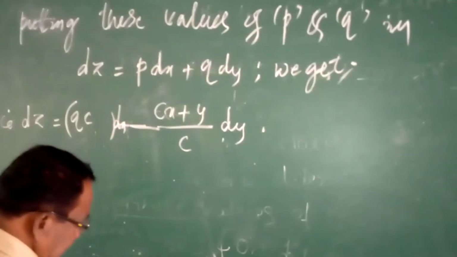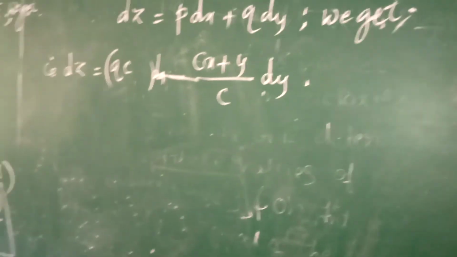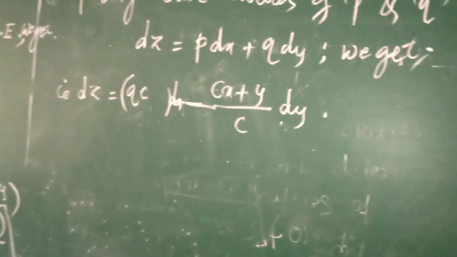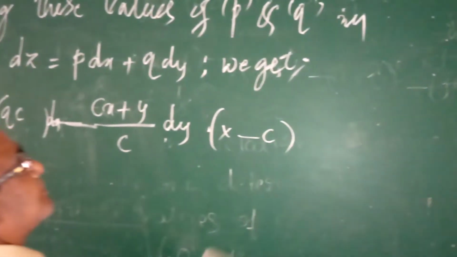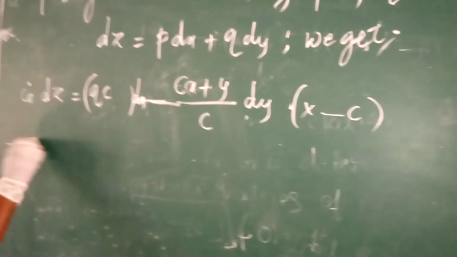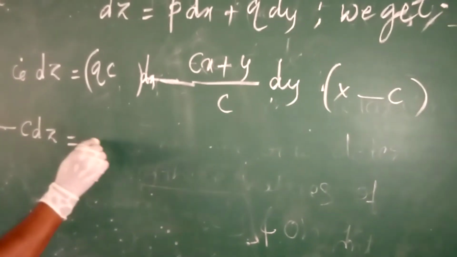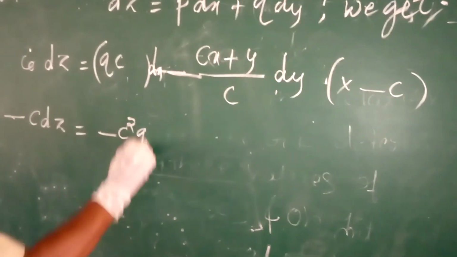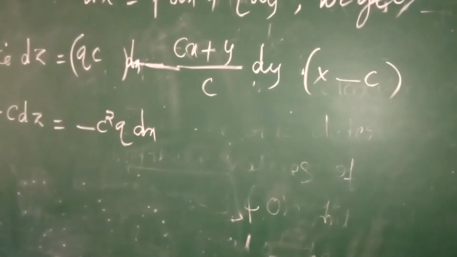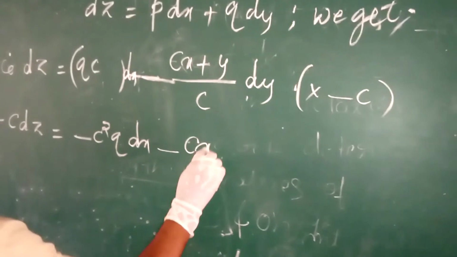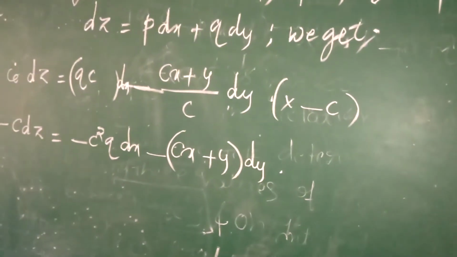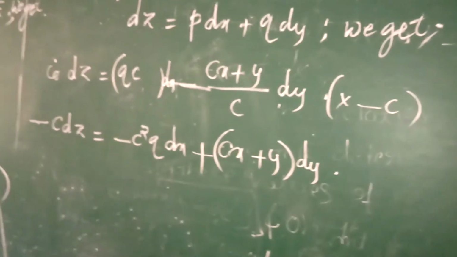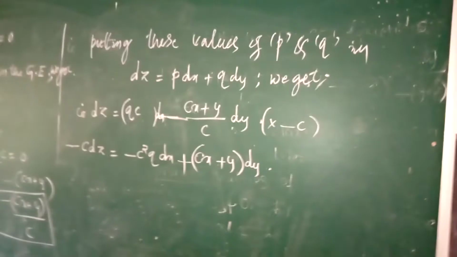Now, in order to multiply this by minus C, what we get is minus C into dz is equal to minus C squared into Q into dx minus Cx plus Y into dy, and minus into minus is plus, so plus Cx plus Y into dy here.